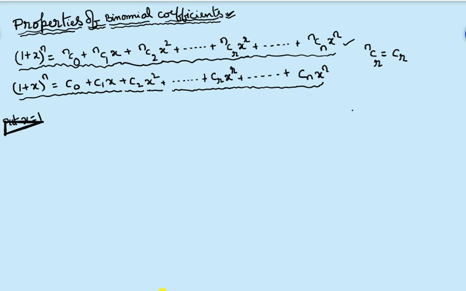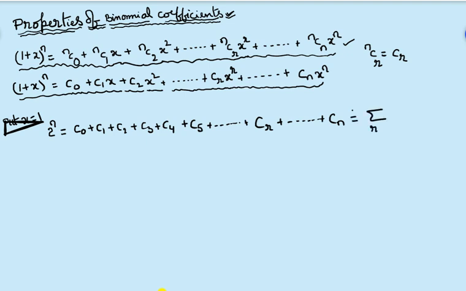Then you will get 2^n = C0 + C1 + C2 + C3 + C4 + C5 + and so on + Cr + and so on + Cn, that is nothing but the sum of the binomial coefficients, which we can write as sigma r = 0 to n of Cr.